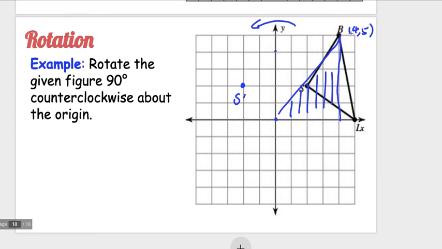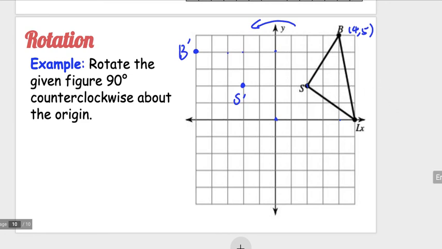And then this 5, this vertical 5, is going to be this 5. From this one, 1, 2, 3, 4, 5. So this is our B prime. As you can see, before it was horizontal 4, 5, and now it is reversed.